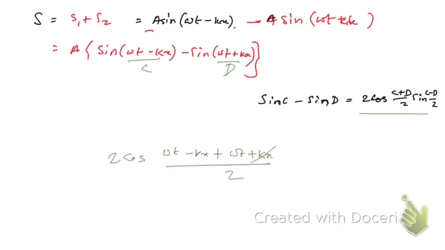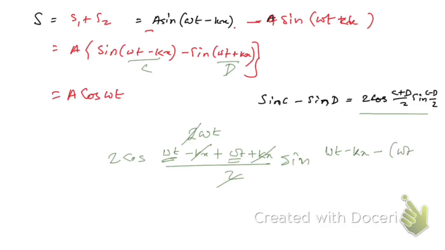Here minus kx plus kx is gone, omega t plus omega t is 2 omega t, and the 2 cancels, so we can write a cos omega t. Then one more part, sine((c minus d)/2), where c is omega t minus kx and d is omega t plus kx.